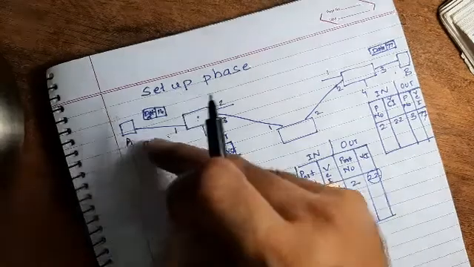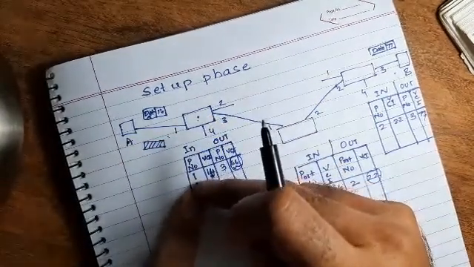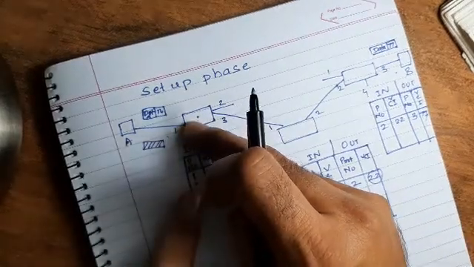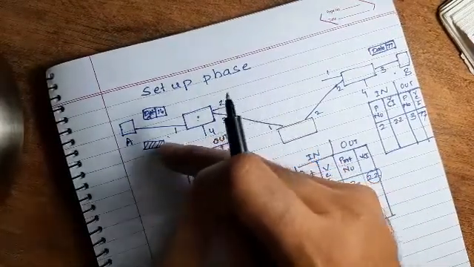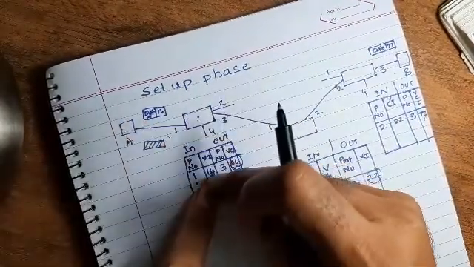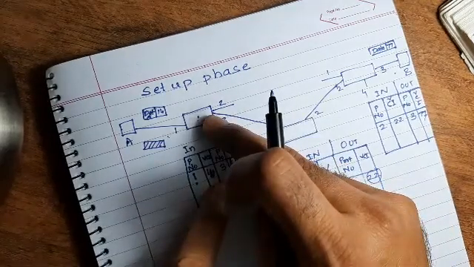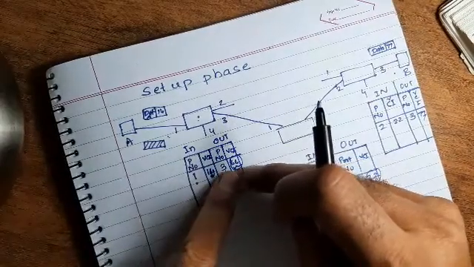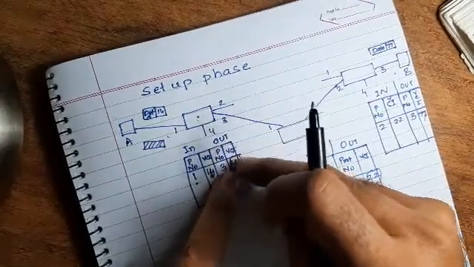Whatever setup packet enters the switch will bear port number 1 because it is entering through port number 1. So the incoming port is 1 and the virtual circuit identifier assigned by A to it is 14, and the port number through which it will go out is 3. But the virtual circuit identifier that is assigned to it is not yet defined.